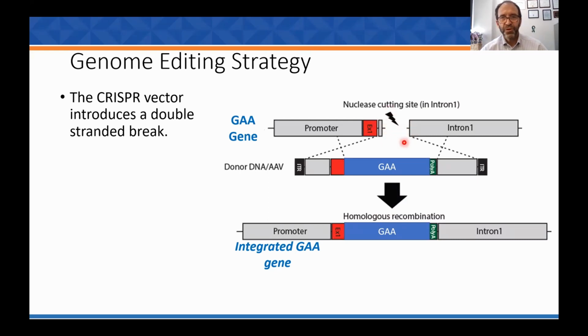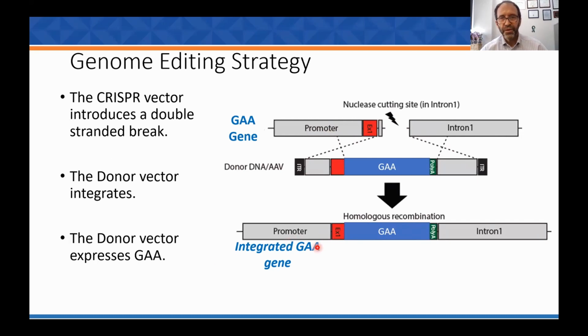And then at this double-stranded break, an AAV that we call the donor could pair with the DNA, because there's homology, or the same DNA is present both in the donor and in the chromosome, in the GAA gene. And there would be crossover events, what's called homologous recombination, to integrate that gene, that transgene, into the GAA gene, and then the donor would make GAA.